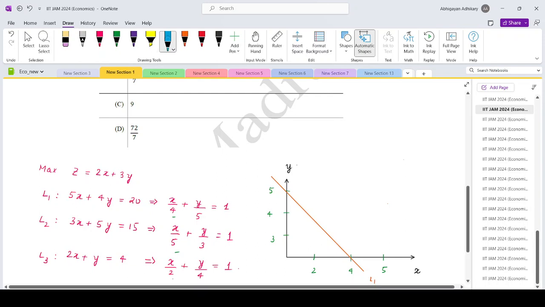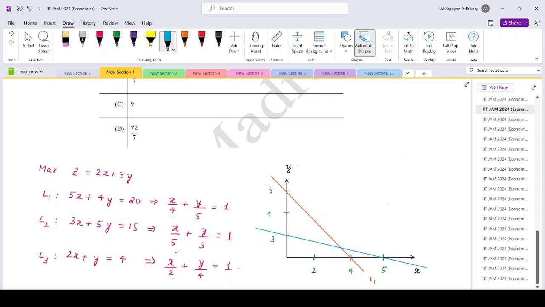The next line will have an x-intercept of 5 and a y-intercept of 3. So something like this. This is your L2. And the third will have an x-intercept of 2 and a y-intercept of 4.